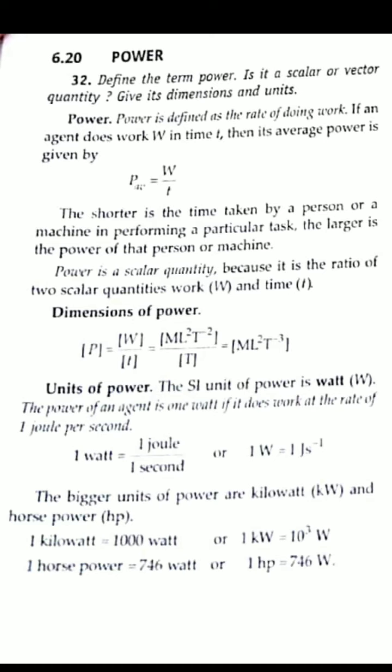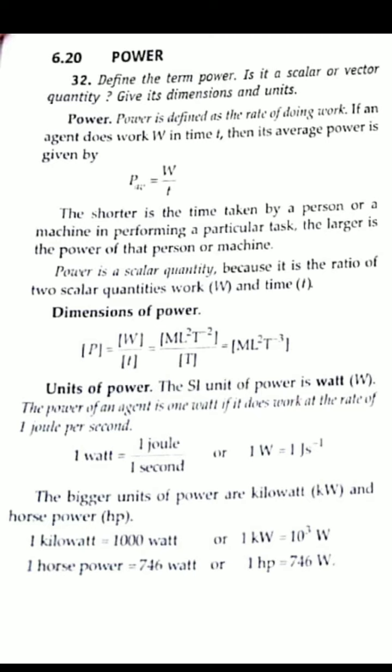Define the term power. We also studied these things. Power means work done, the rate of doing work, work done by time. In 1 hour, how much work we can perform, that will be our power. So we define it as the rate of doing work, and it is denoted by P. Power is a scalar quantity because it is a ratio of two scalar quantities, work done and time.